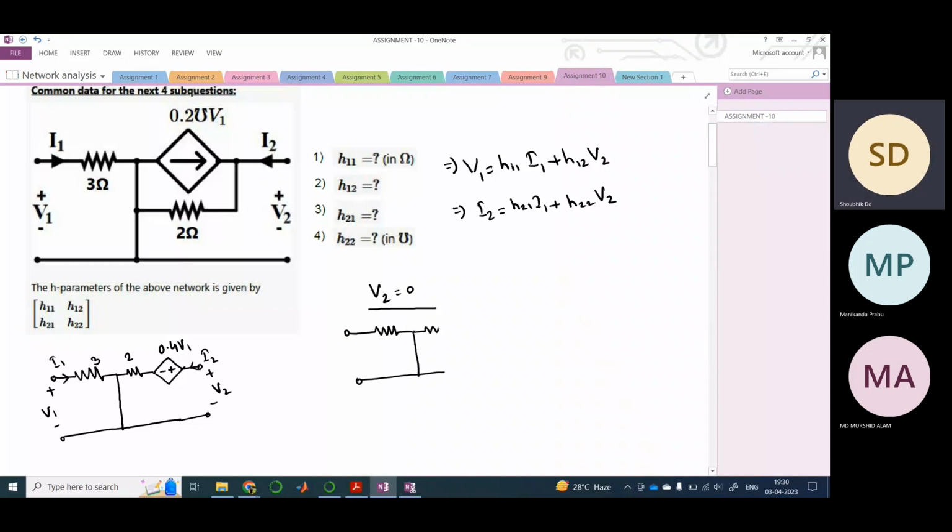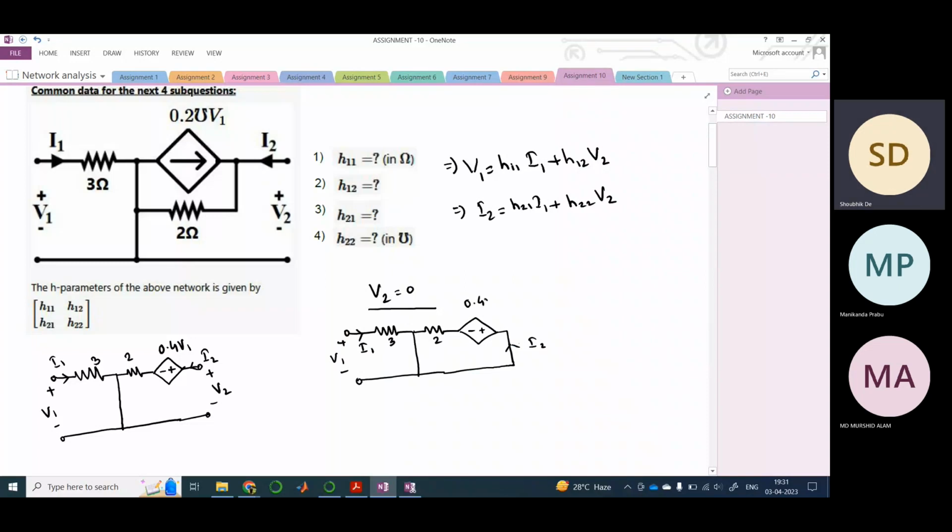So just redrawing the circuit here. Here the direction of I2 won't change. It should be whatever it was initially. So this is V1, I1. This is 3. This is 2.